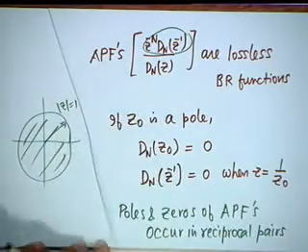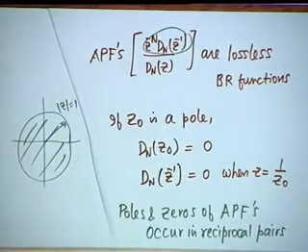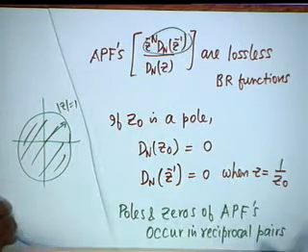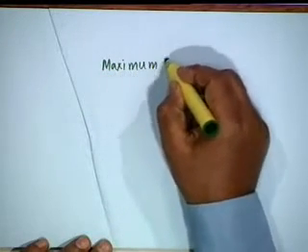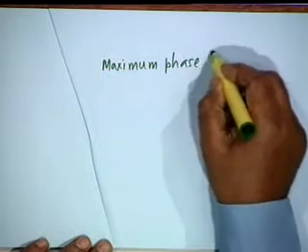Naturally, the zeros must all be outside the unit circle. And such functions, I shall only define them, I will not go into the interpretation. Such functions, all of whose zeros are outside the unit circle, are called maximum phase functions.